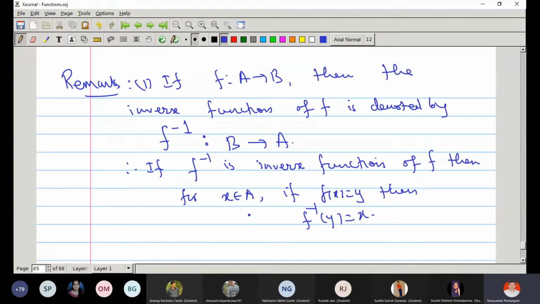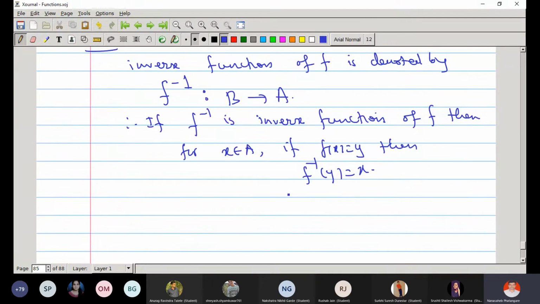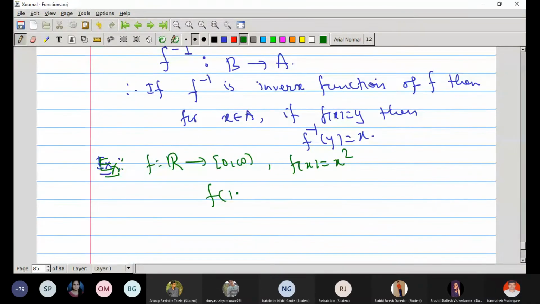For example, if I define a function from R to [0, infinity), f of x is equal to x square, right? Now, what is f of 1? It is 1.